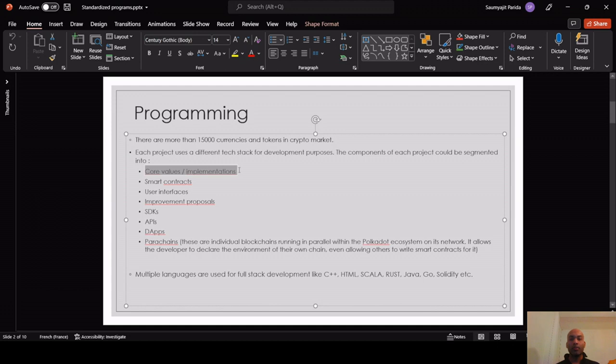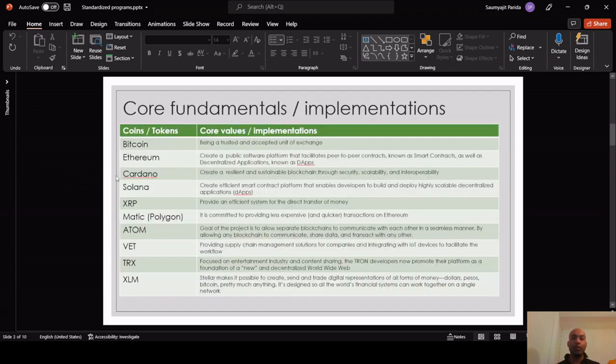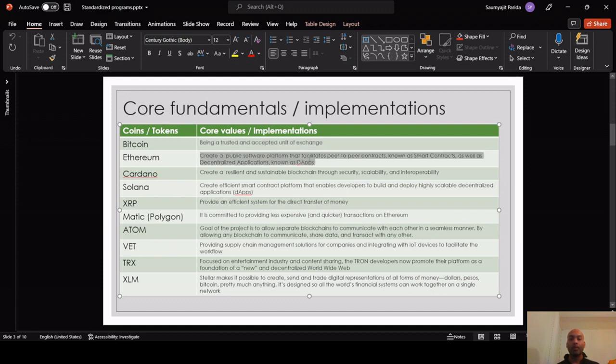First, discussing the core values or implementations. Each project, I could say, makes it very difficult to have a common standardized structure, because the core values or implementations are different. For example, Bitcoin's core value is to be a trusted and accepted unit of exchange, whereas Ethereum is highly focused on dApps and smart contracts.